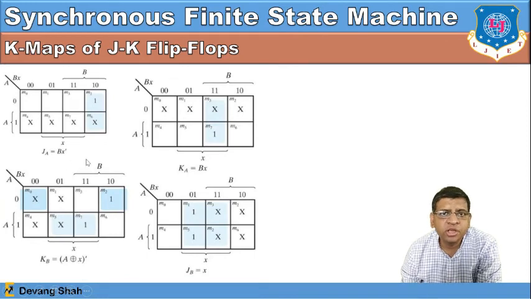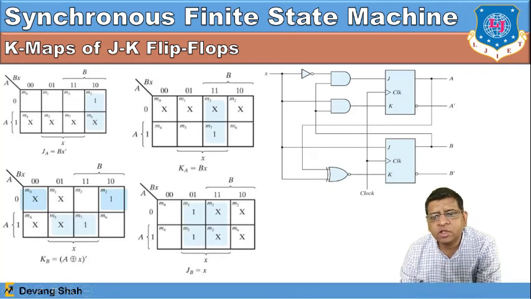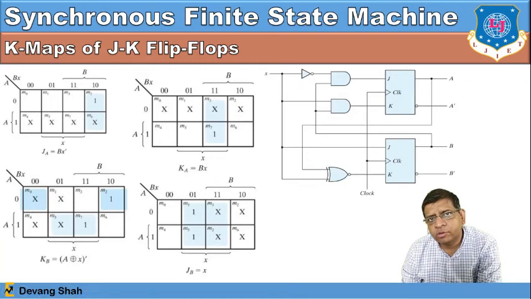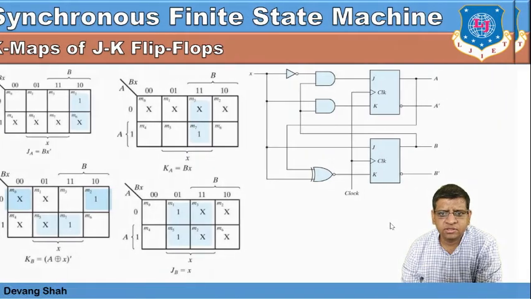You find JA is equal to B X', KA is equal to B X, KB is equal to A X', and JB is equal to X. Based on that I can draw the synchronous sequential circuit, which includes both Moore and Mealy machines, right? So the design flow is: state diagram, state table, then you derive the Boolean function equations, and finally you can draw the digital circuit.